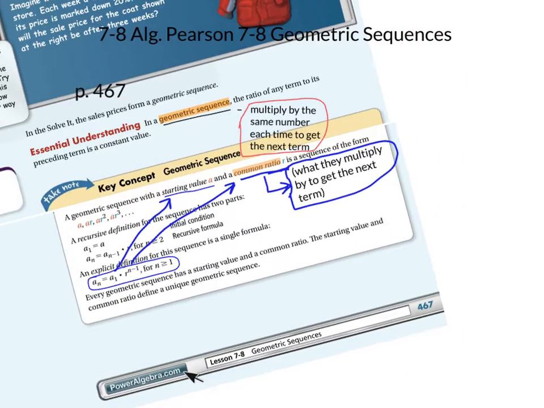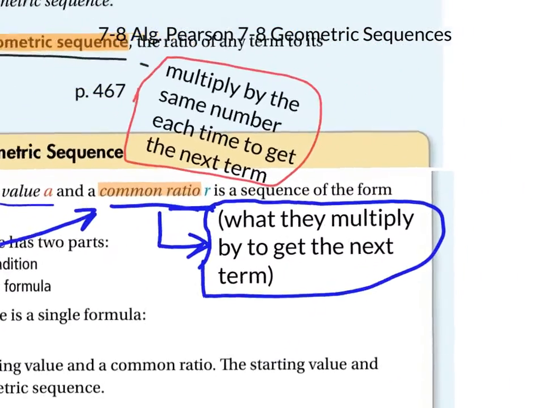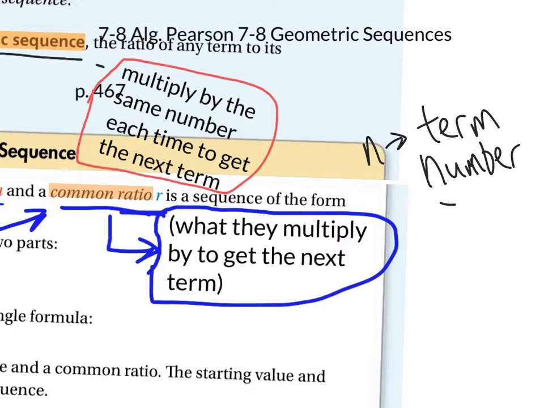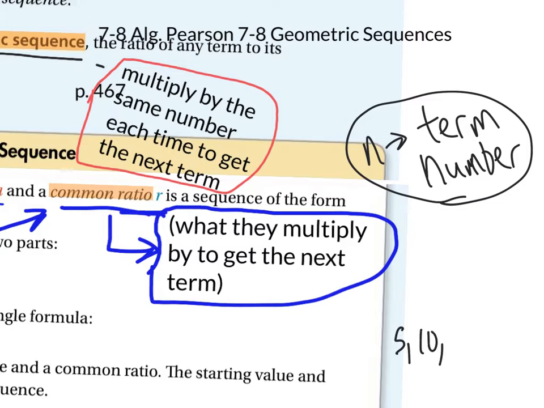And then one other thing here, the book doesn't really define too much, I don't think, is what n is. N is the term number. By term number, basically if we had numbers, let's say we had 5, 10, 15, 20.